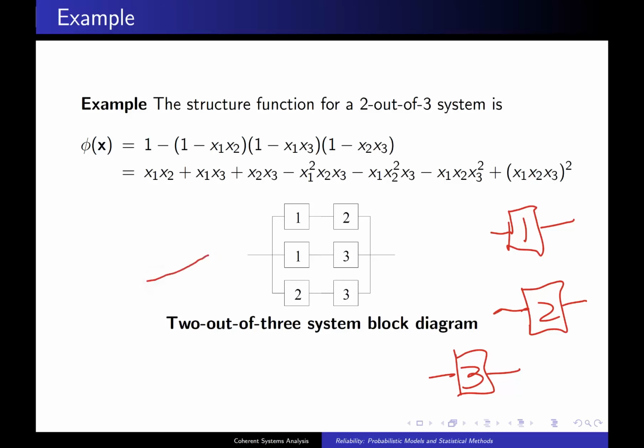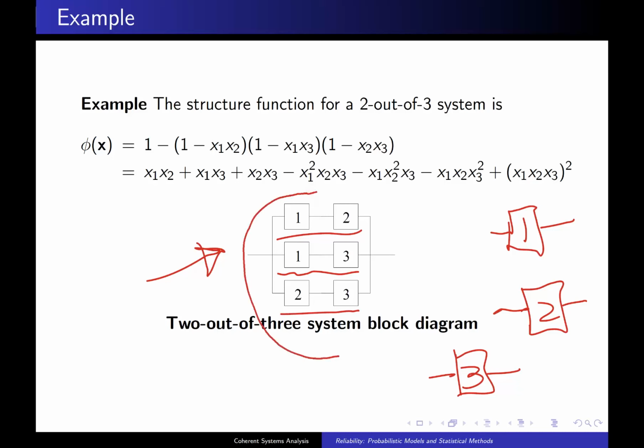So this is a block diagram that describes a 2 out of 3 system. Notice if 1 and 2 are functioning, then the system functions. If 1 and 3 function, then you have 2 out of 3 functioning. Or if 2 and 3 are functioning, then the system is functioning. And that's the appropriate block diagram for a 2 out of 3 system.